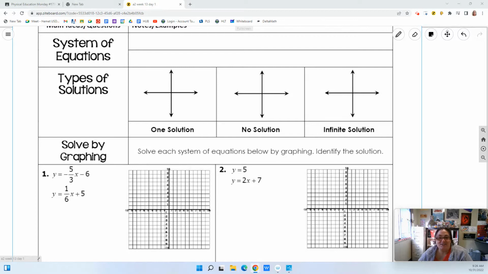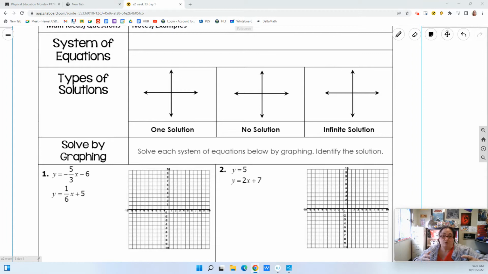The last time I talked to you guys, we were doing, gosh, I don't even remember what we were doing. It feels like last week was forever ago. But we've been dealing with linear equations up to this point, right? We were graphing them and putting them in different forms and writing equations.